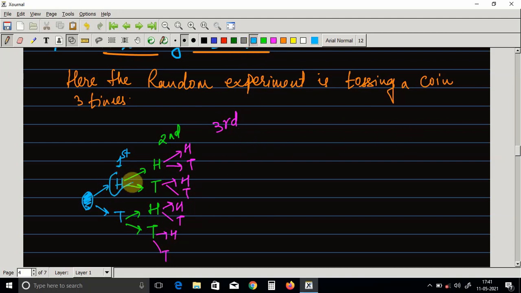So how to write? H, H, H. I'm going to make combinations of 3. This H, H, H is one outcome, then H, H, T is my second outcome. I have to traverse all the branches here.